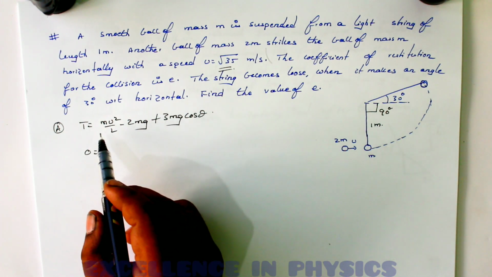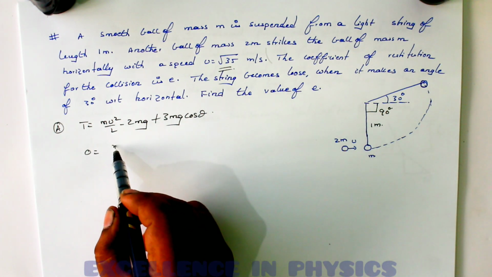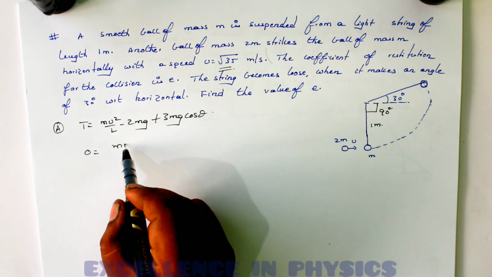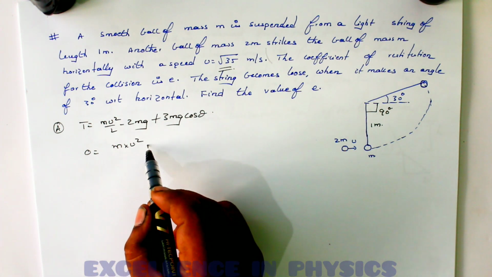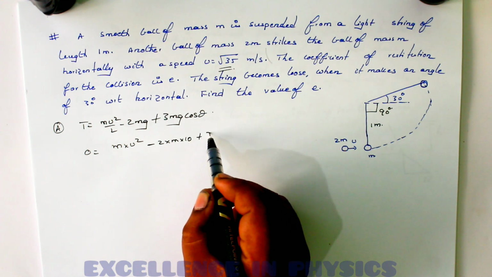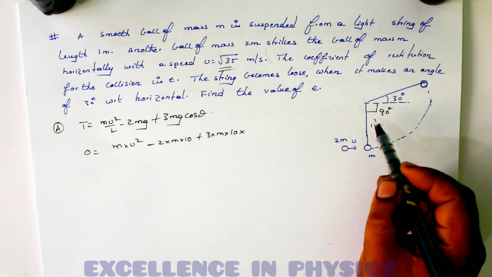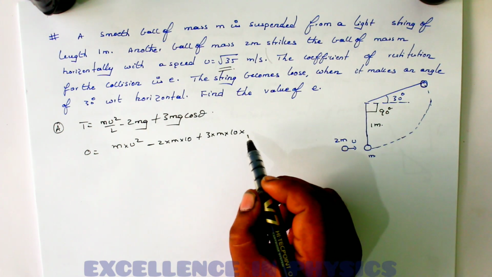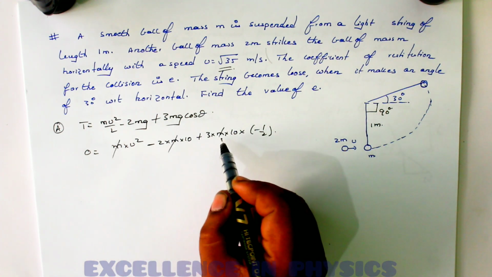So therefore 0, and m is the mass of this body, which is m. Its initial velocity I don't know, so let it be u square. Length is 1, so divided by 1, minus 2 into m into g value 10, plus 3 into m into 10 into cos 120. So cos 120 is minus 1 by 2. So m and m get cancelled.